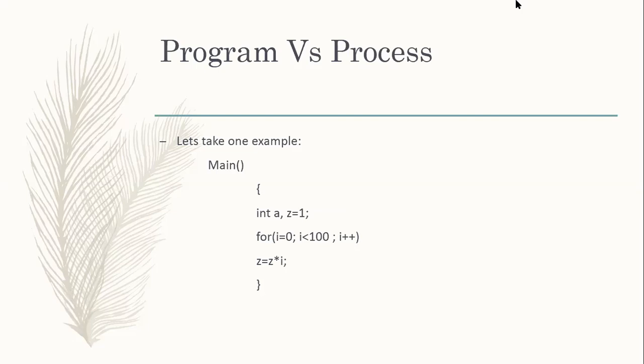So with respect to the program, z is equal to z star i is a single line, but with respect to the process, this line will get executed 100 times. That is the primary difference between program and process.